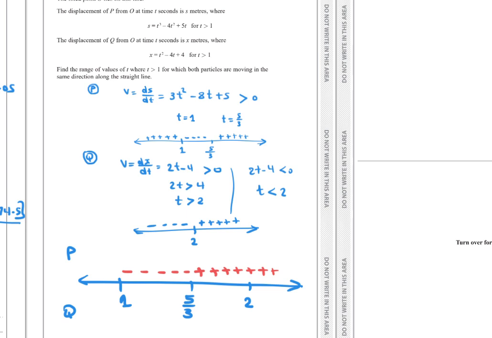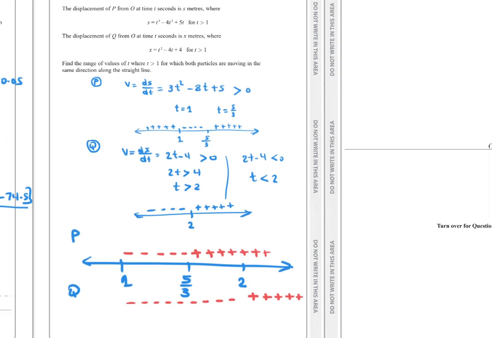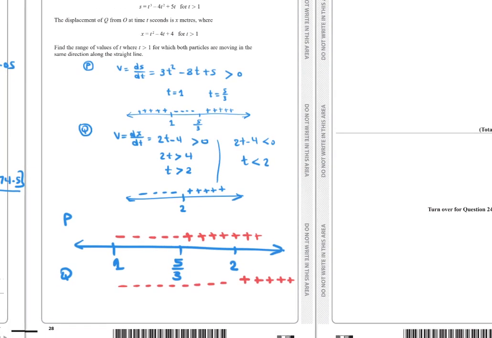And for Q, it is positive more than 2 and negative less than 2. So they have the same sign if t is more than 2, they are positive, and between 1 and 5 over 3, both are negative. So t more than 1 and less than 5 over 3, or t more than 2.